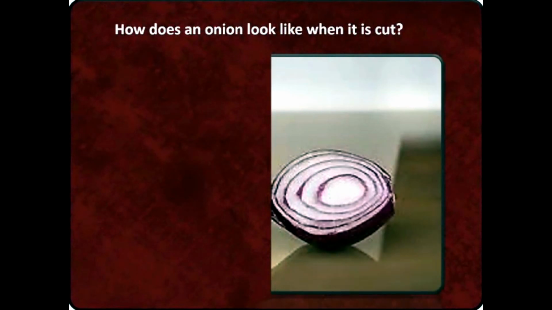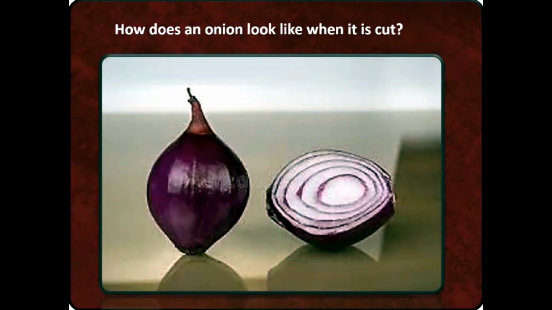So students, see the picture carefully. How does an onion look like when it is cut? Yes, we see that it has many layers inside. Similarly, the interior of the earth is also divided into many layers. Let us learn about them in detail.